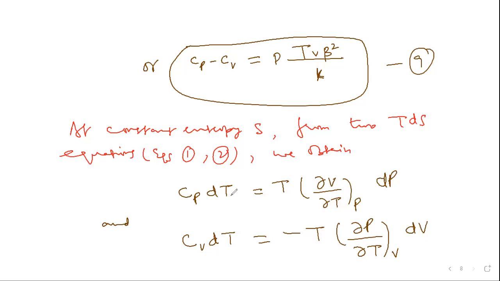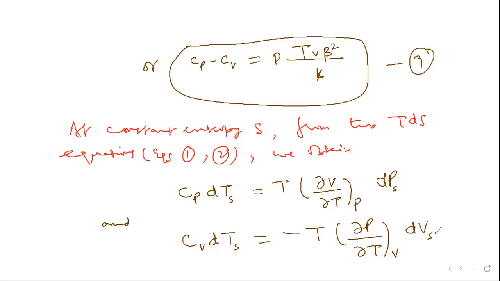I write here Cp dT and I write subscript little s. That means entropy is constant. And in this dT, I also write subscript little s. Here I write dP subscript little s. Here I write dV subscript little s. It only indicates that entropy is held constant.